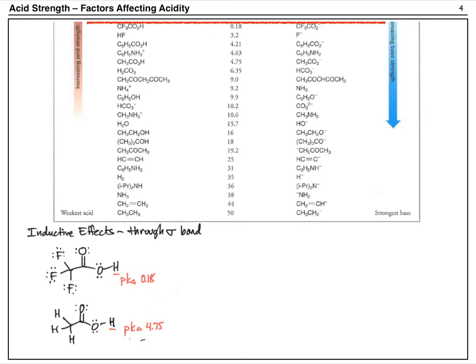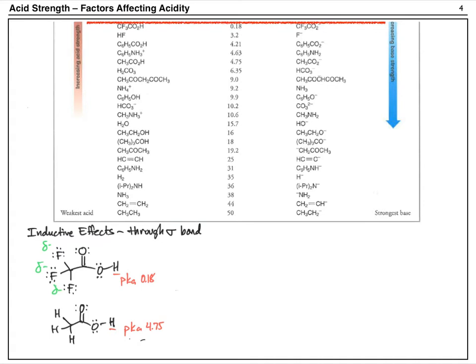So how do we rationalize that? We rationalize it by inductive effects. And so again, this gets back to electronegativity. So we know that fluorine is very electronegative, so we can say this is delta minus, delta minus, delta minus.